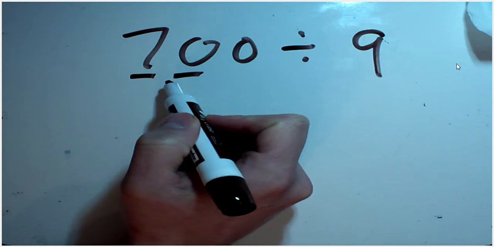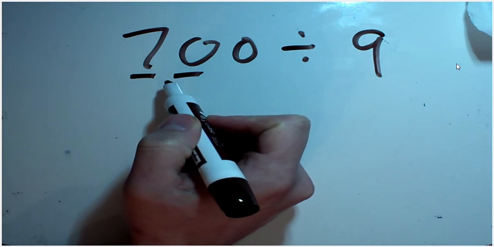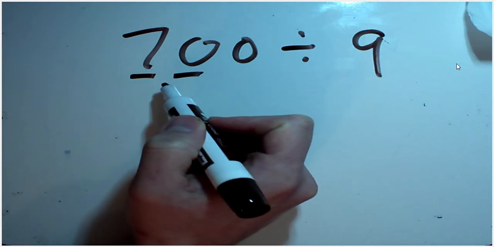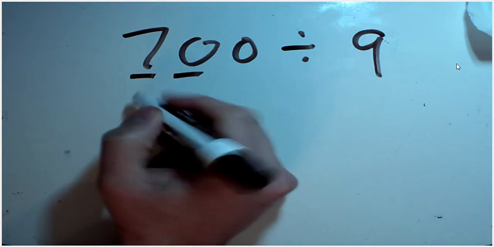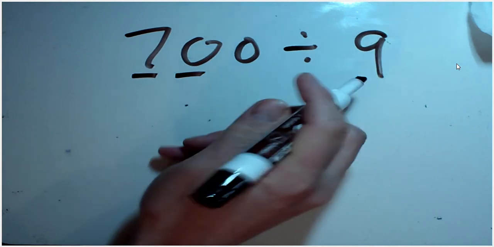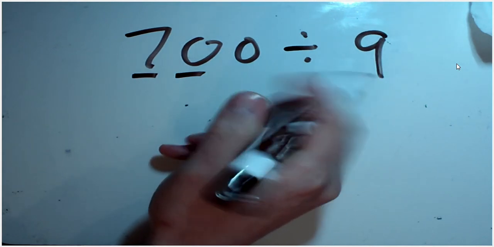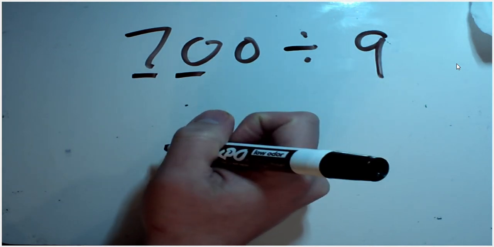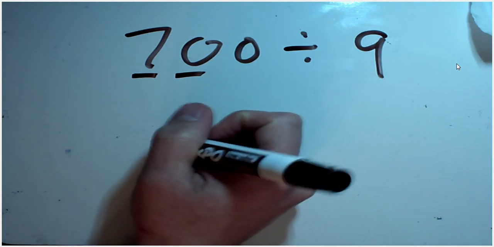So when I think of those factors of 9, I know 63, if I made 630, would be fairly close, and I could divide 63 by 9, or 9 into 63, I meant to say. But I could also go with 72.